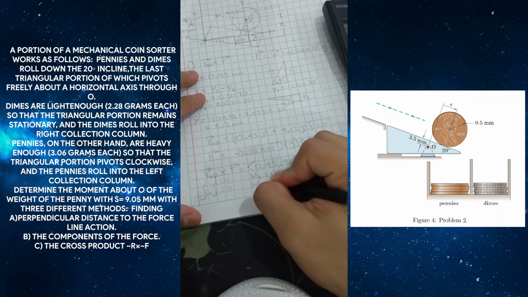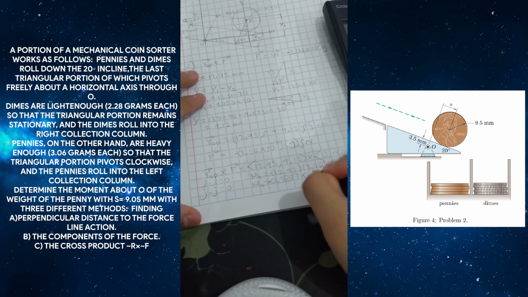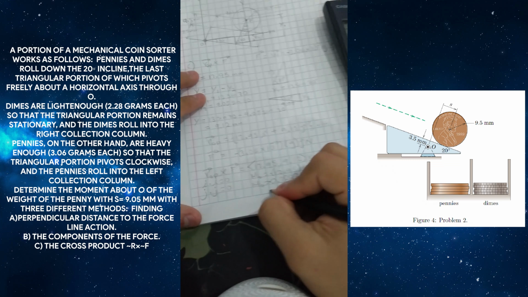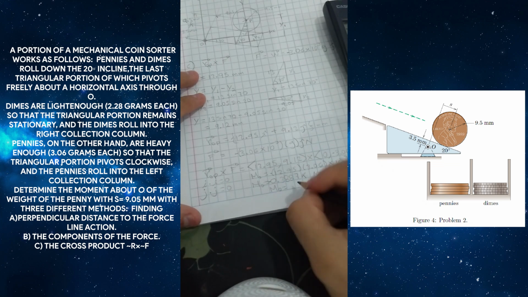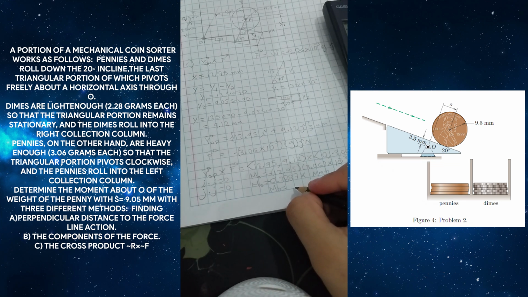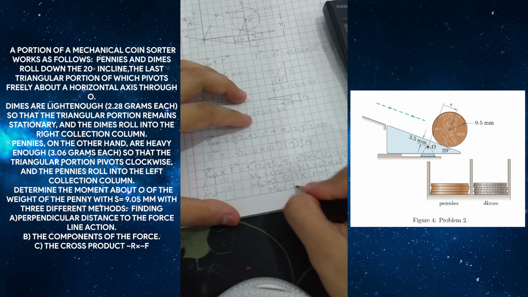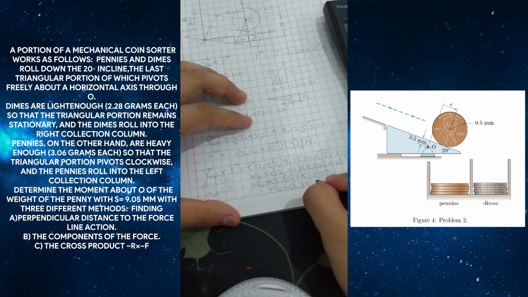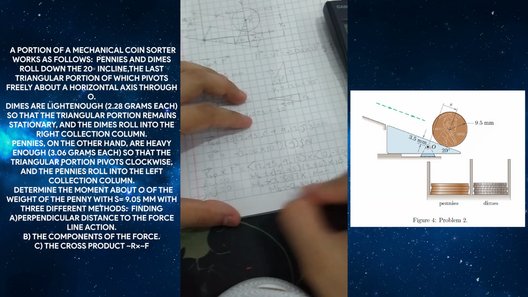This is negative in terms of k, newton millimeters, and the moment, using two significant figures, is negative 0.39 newton millimeters.